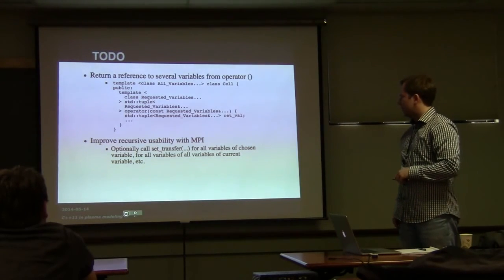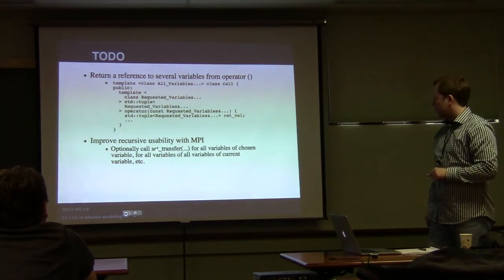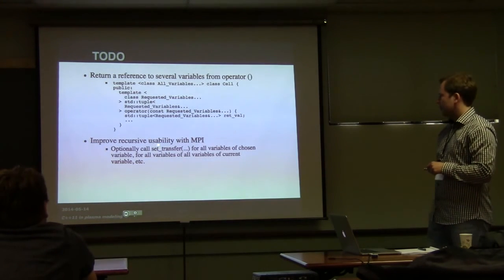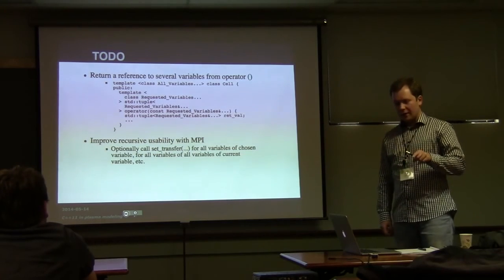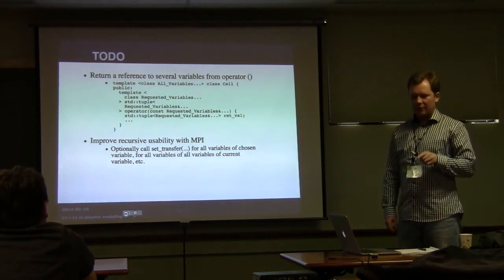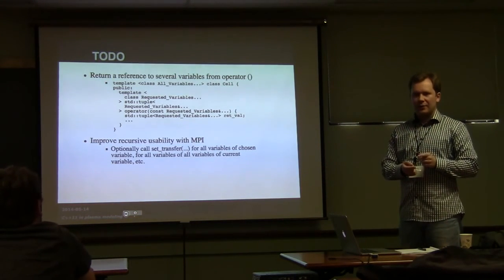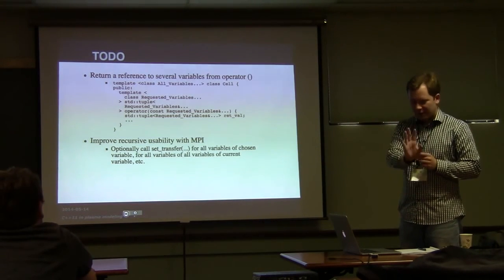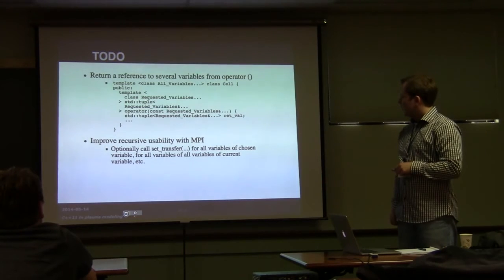So that's a bit tedious. So it would be nice to be able to just call one function, and if the variable happens to have other variables inside, then all of those would also be transferred recursively.